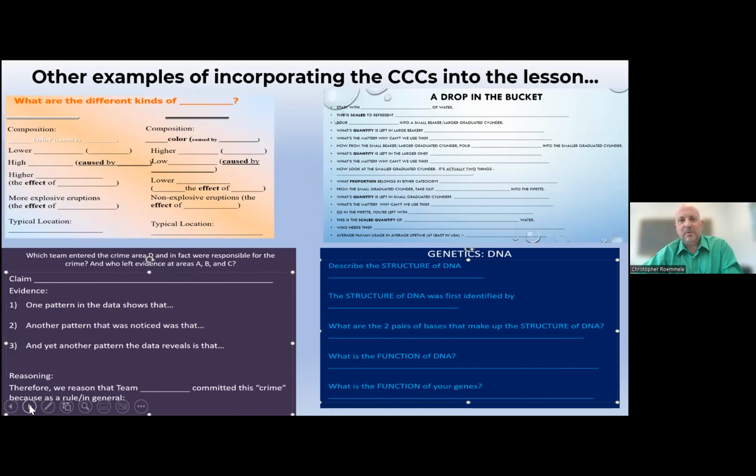And so different examples are used to reinforce this idea of the cross-cutting concept and get pre-service teachers and students used to experiencing and thinking about a lesson or an investigation, whether it's patterns with a particular crime scene and how different things reacted with testing for materials, or understanding the structure and function of DNA, or the scale, proportion, and quantity of water, the amount of water on our planet, and the cause and effect of how the chemical composition and gas content and other physical properties of magma or lava affect a volcanic eruption.